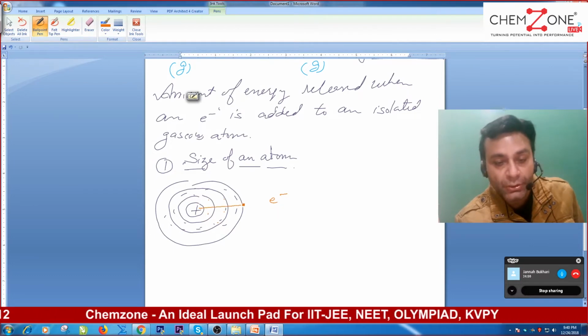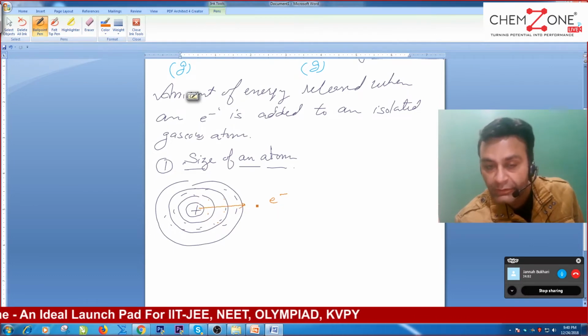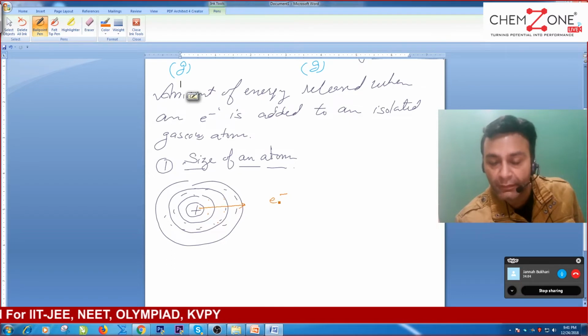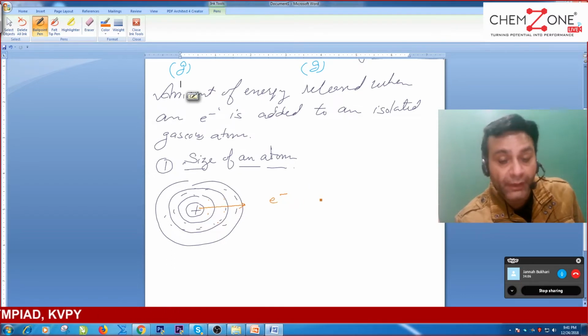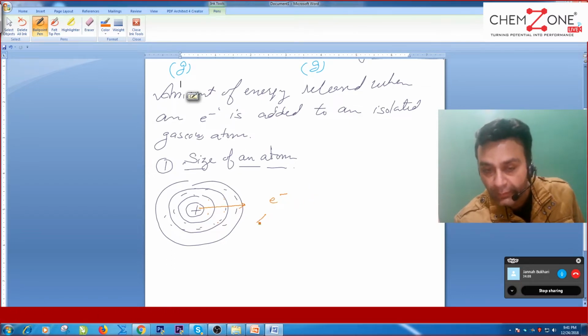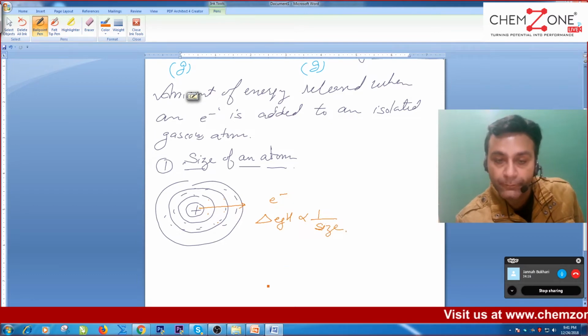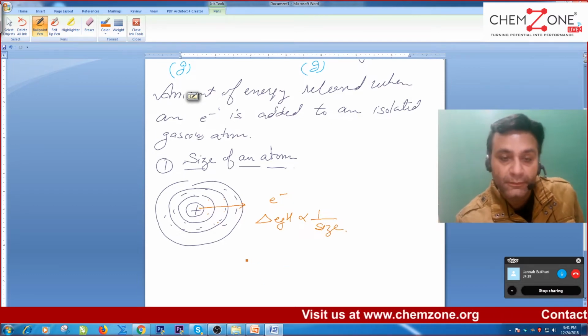So the electron cannot reach out so effectively. As the attraction decreases, the enthalpy of ionization will decrease. So we can say the electron gain enthalpy is inversely proportional to the size of an atom, right?